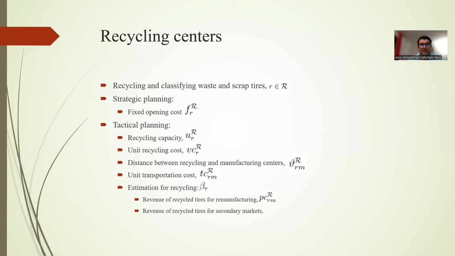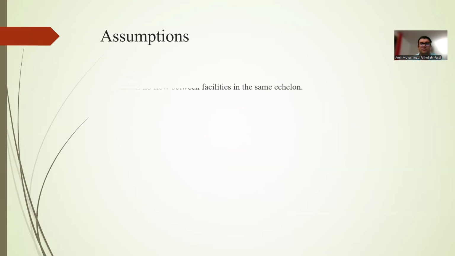There is also revenue associated with each recycled tire that can be considered for the secondary markets. Therefore, these benefits from recycling can be considered in the closed-loop supply chain.